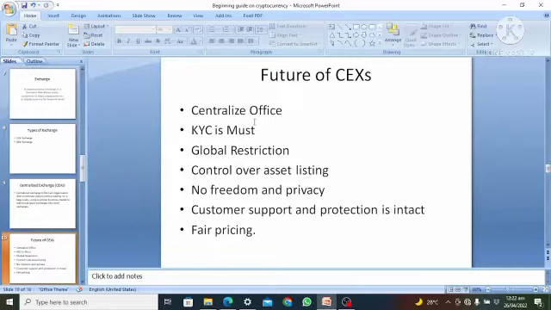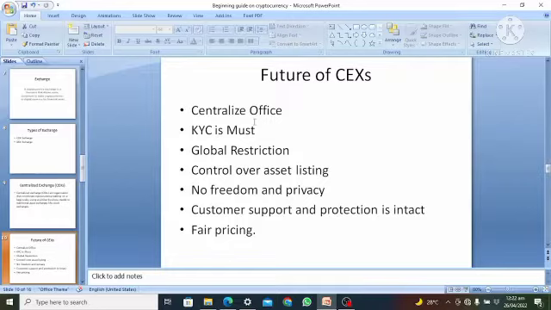They have a centralized office, a location that can be found. One example of a centralized exchange is Binance, or we can talk about KuCoin, or OtterFX. They have an office that you can find, you can locate them.